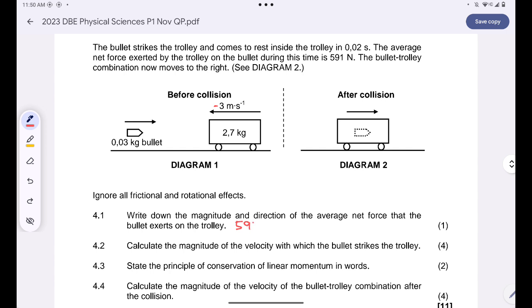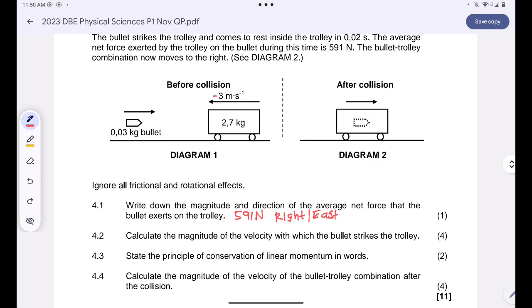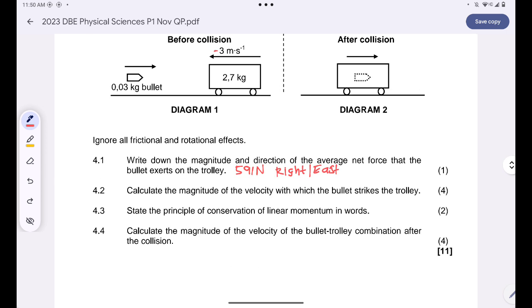I have 591 newtons, but the direction is not the same. The bullet will force the trolley to move towards the right, so I'll simply say 591 newtons to the right, or if you want to, you can say in the eastern direction.